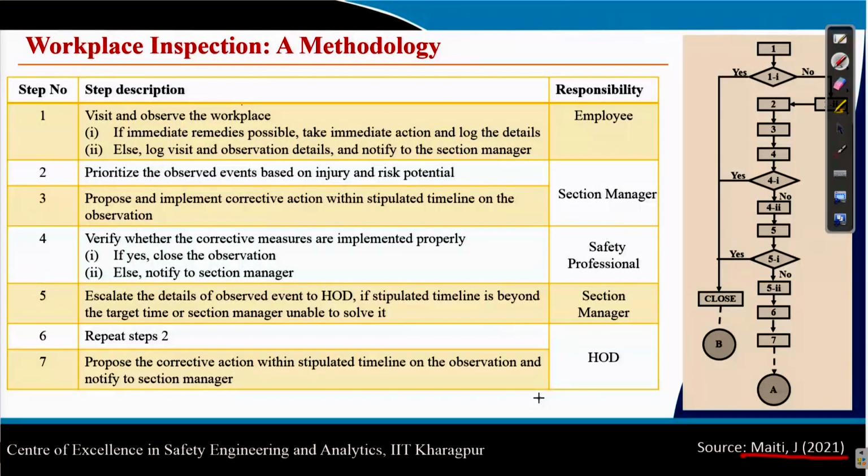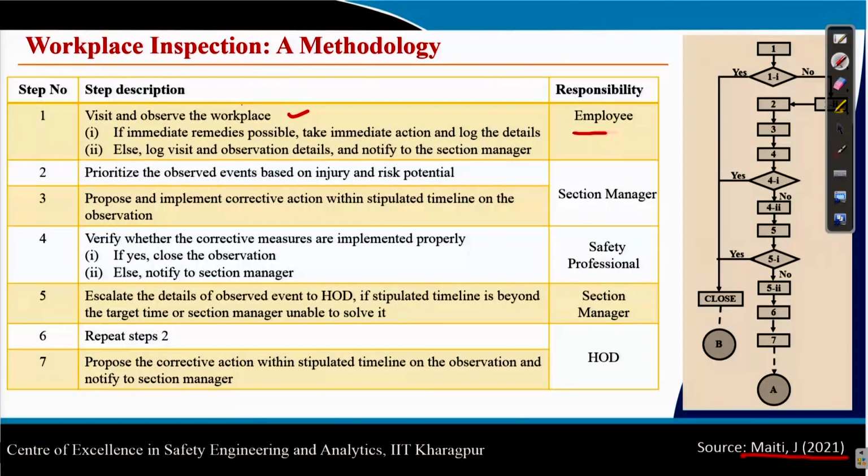So here, from the inspection point of view, visit and observe the workplace. If immediate remedy is possible, take immediate action and log the details, else log the visit and observation details and notify the section manager.